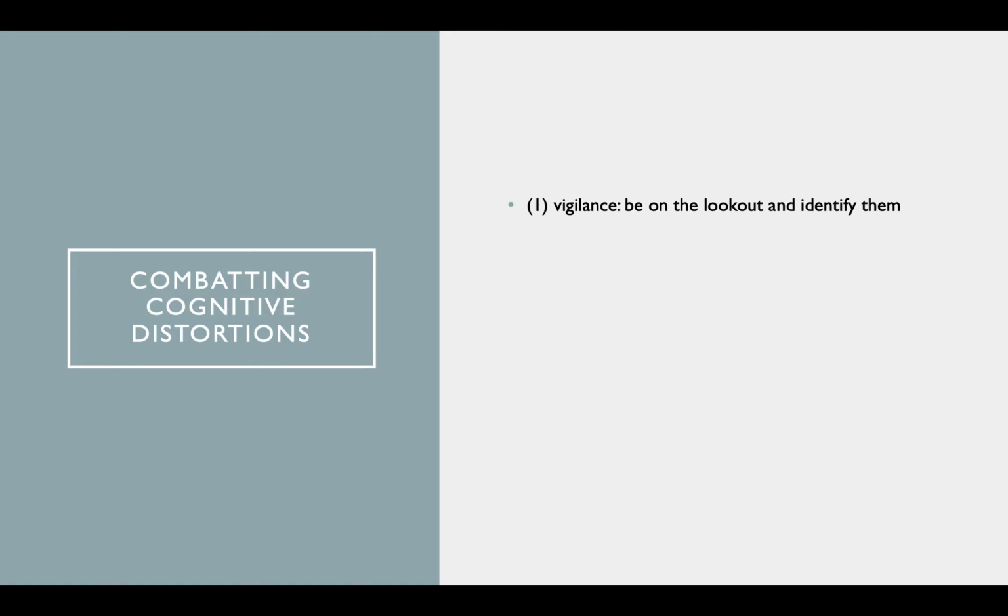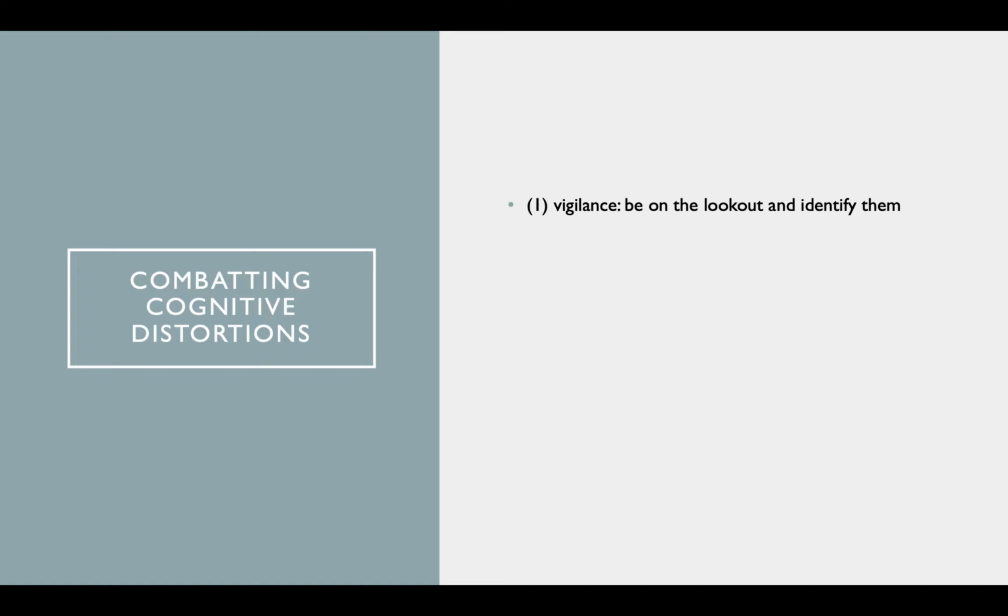So how do you combat cognitive distortions? First of all, you want to be vigilant. You want to be on the lookout for them and try to identify what they are. As you're learning about these cognitive distortions, think about which one of them you use the most. We all use them, but there are some that we use more than the others.